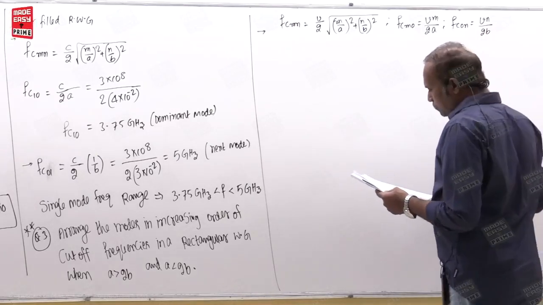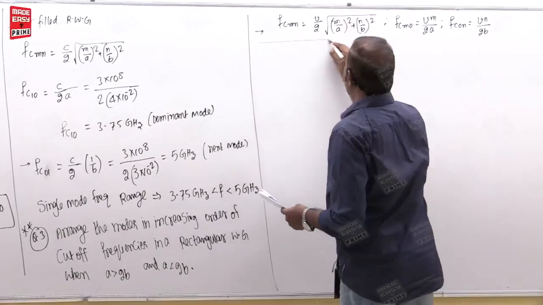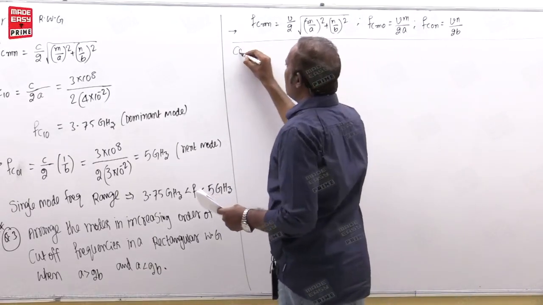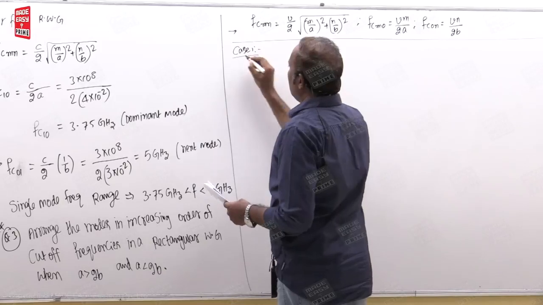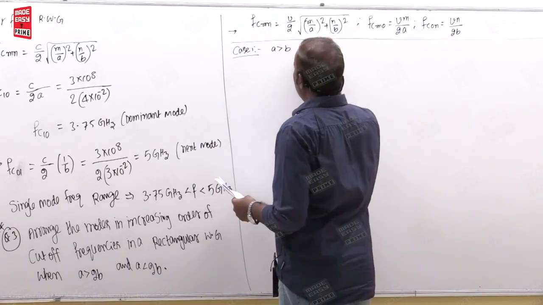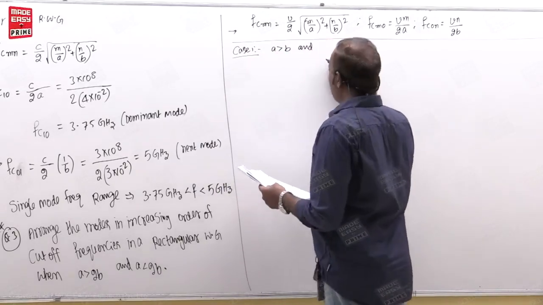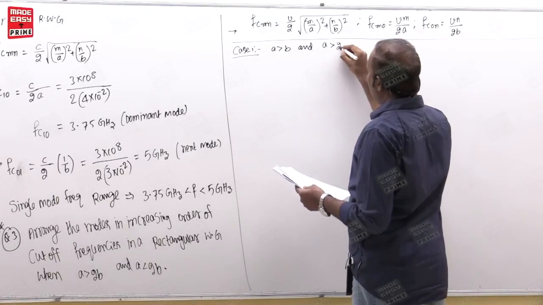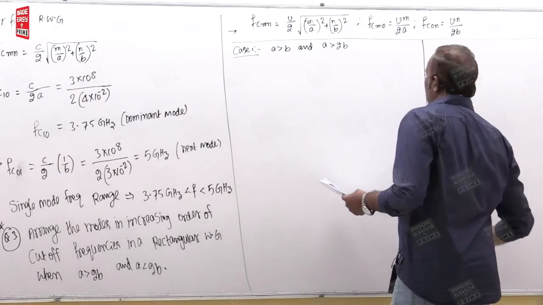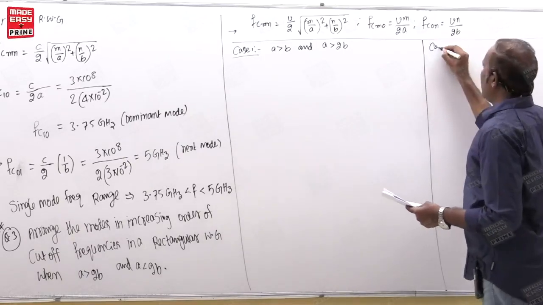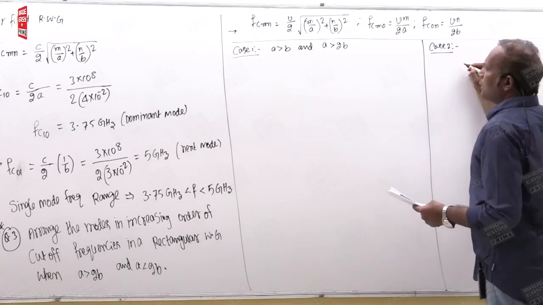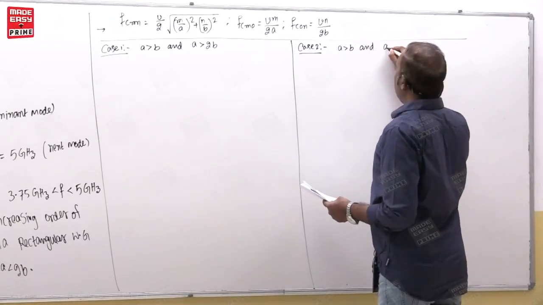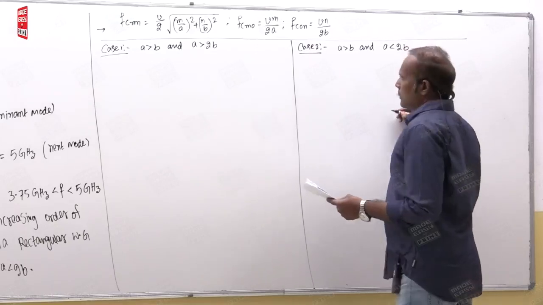Okay. Now case 1. We will take case 1 and case 2. Case 1: A greater than B and also A greater than 2B. That is case 1. Case 2, we will calculate: A greater than B and A less than 2B.